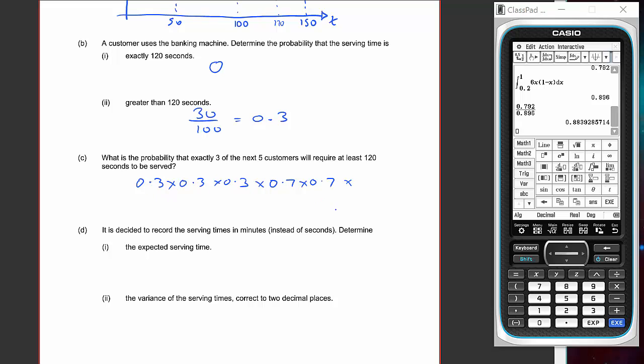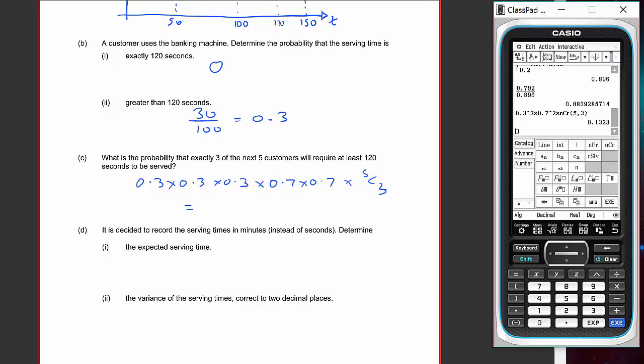I've got them in positions 1, 2 and 3, so you're just going to have a 5 choose 3 at the end, and so that is 0.3 cubed multiplied by 0.7 squared, and then we find those in advance, don't we? So it's nCr 5, 3, and execute, and that's 0.1323.